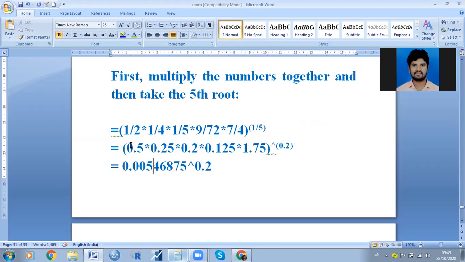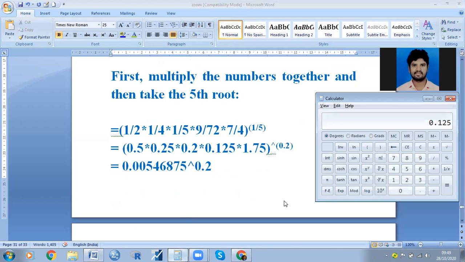Then when you are calculating 0.5 into 0.25 into 0.2 into 0.125 into 1.75, is equal to how much? You will get 0.0054687.